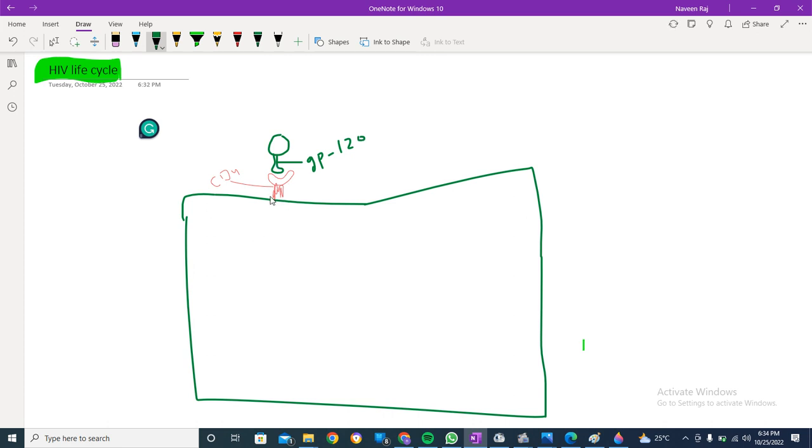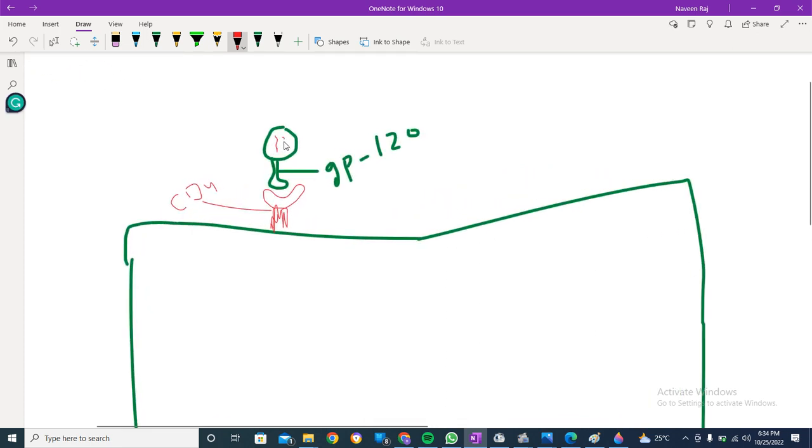Now, do remember the point that this HIV consists of two strands of RNA. Now the injection takes place, and it gets inside by means of endocytosis. I'm moving this section over here.